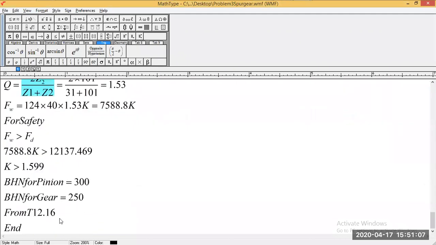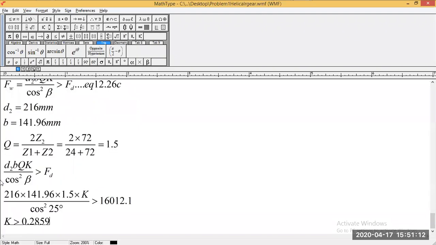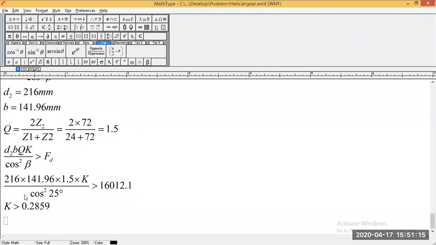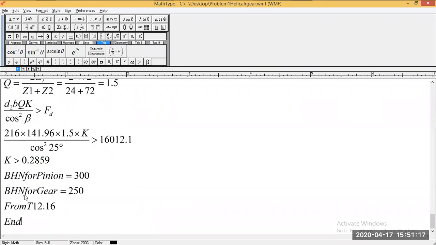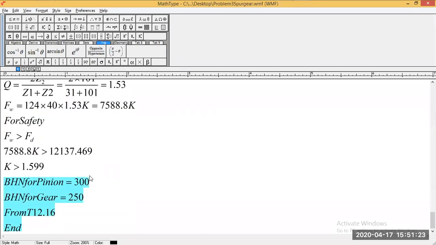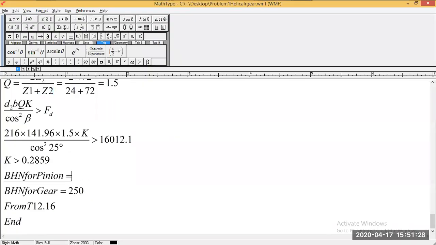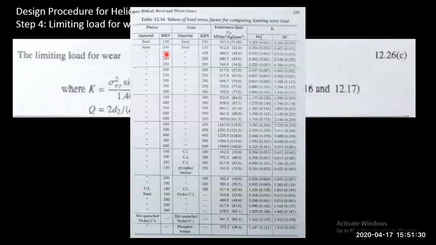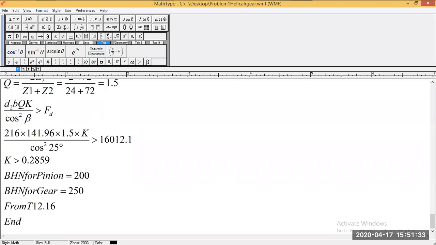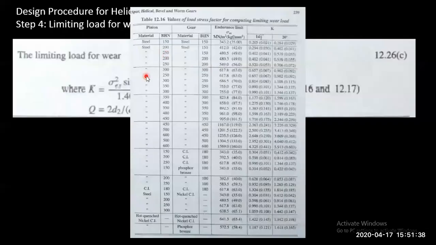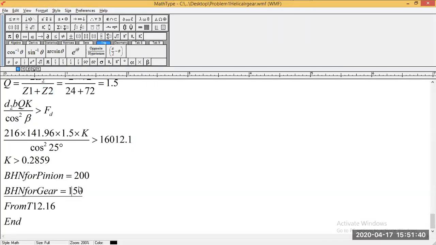So based on this, BHN for pinion is 200, and that of gear is 150. Okay, that's it. That's the required answer. That is the hardness for both gear and pinion.